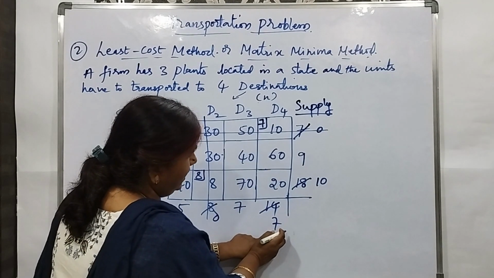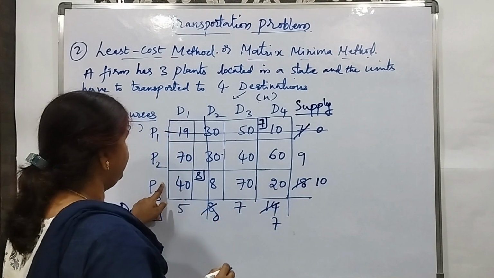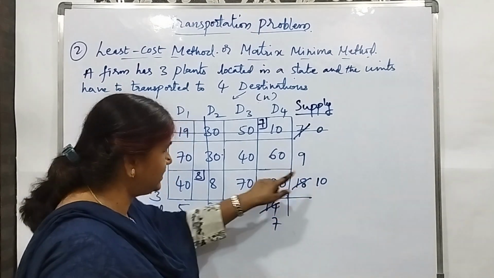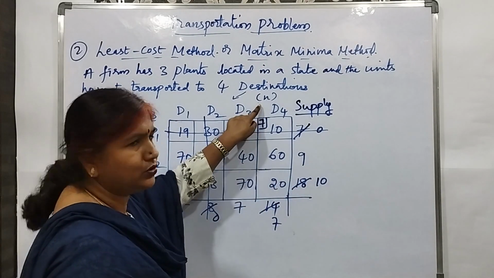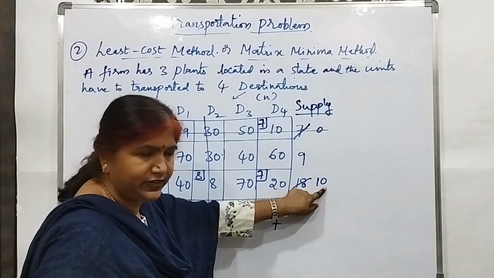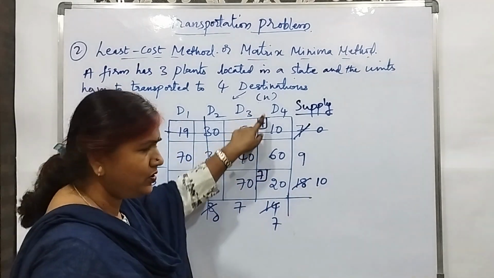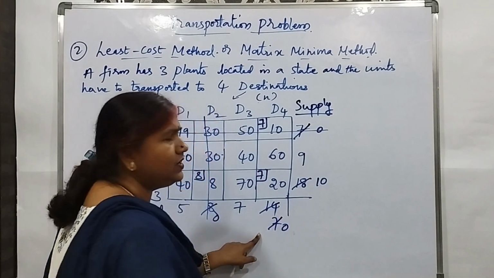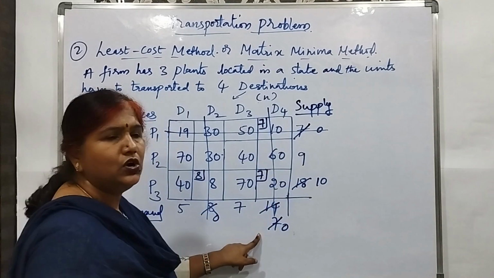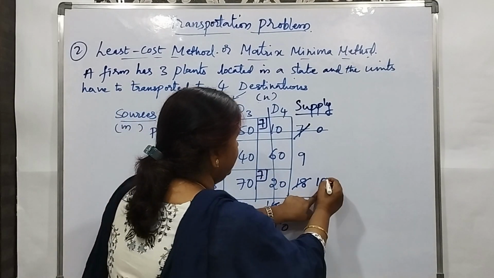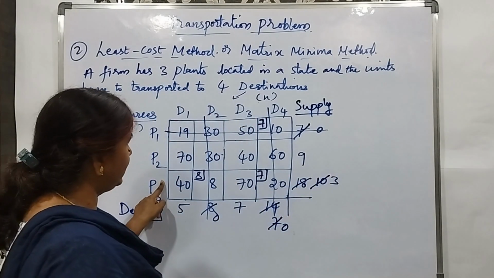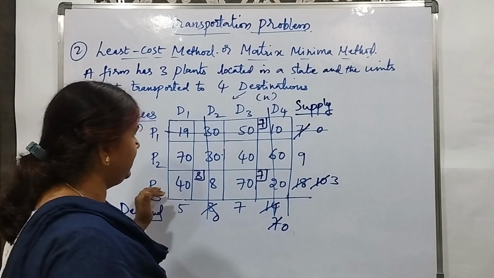So we pick out 7 units out of 10 units from plant 3 and transport them to D4, and this fourth column has also been ruled out. So out of 10 units, still 3 units are available with plant 3. Okay, now what rows and columns are available here?